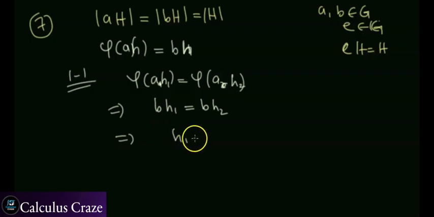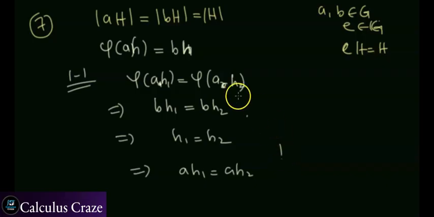And this implies h1 is h2, and you again take multiplication with a. So if phi of x is equal to phi of y, then x is y. And you can also see that this is a 1-to-1 correspondence, so the order of these sets remains the same.